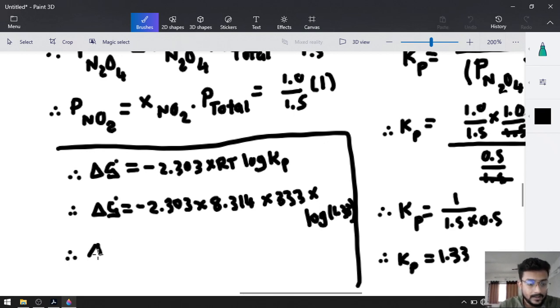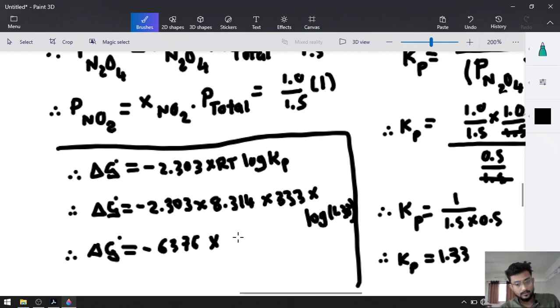So delta G naught is equal to, okay, calculate the whole values. 2.303 into 8.314 into 333. The answer is minus 6376, into log 1.33. You have to see 13 in the log table, in the third column.